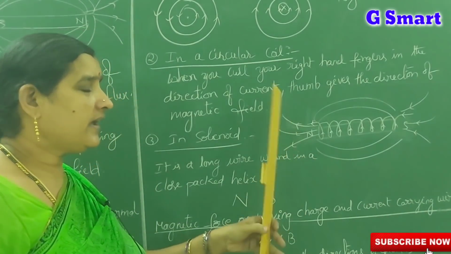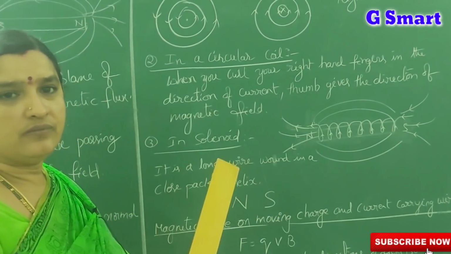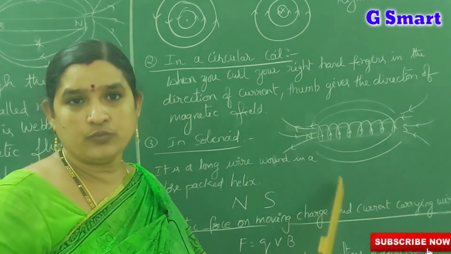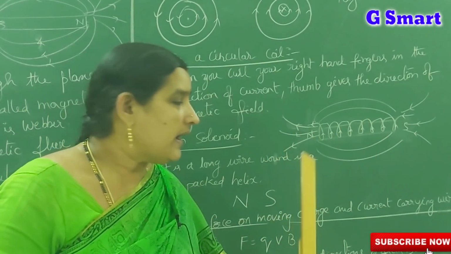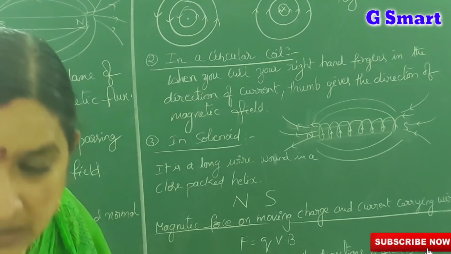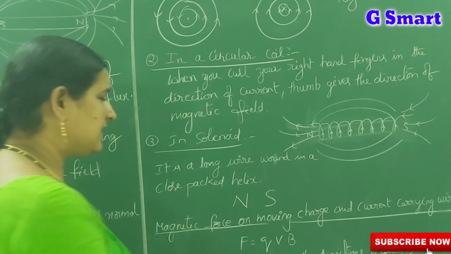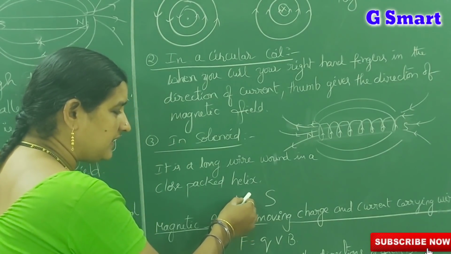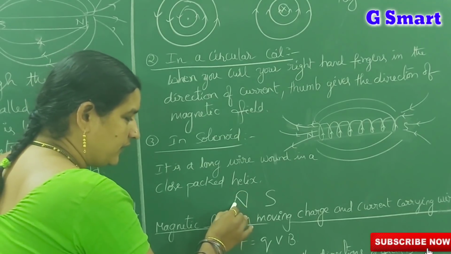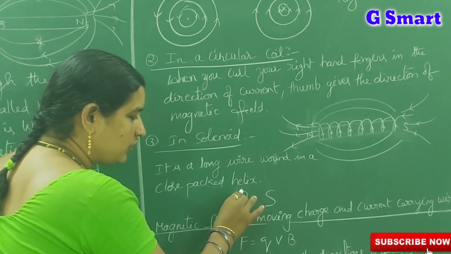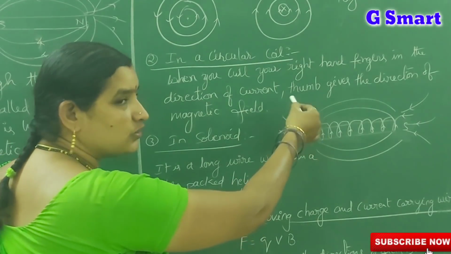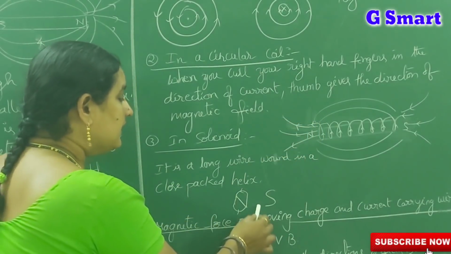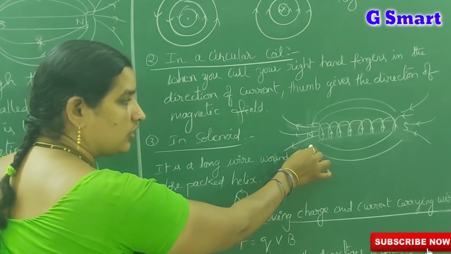Then how can we decide the pole in a solenoid, where the south pole will be formed and where the north pole will be formed? To identify this, we have a small trick. For the north pole, if you connect the ends, in which direction are you connecting? In an anti-clockwise direction. When the current passes in anti-clockwise direction, at that end we get the north pole.